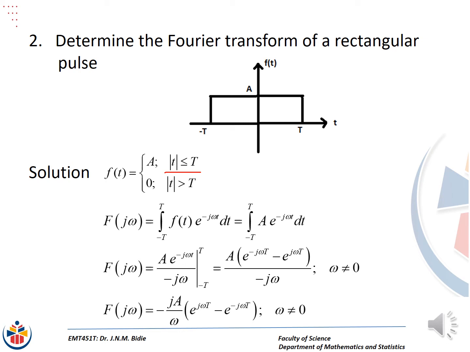So the first thing we ought to do is to write the rectangular pulse in mathematical format. That's the first step. And then find the Fourier transform of our f of t.